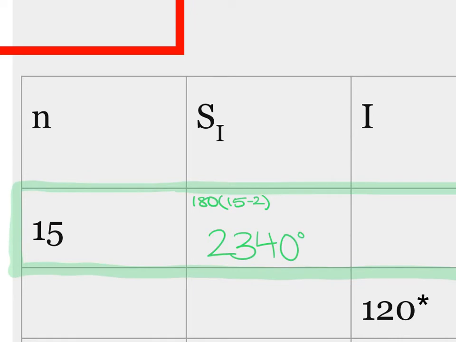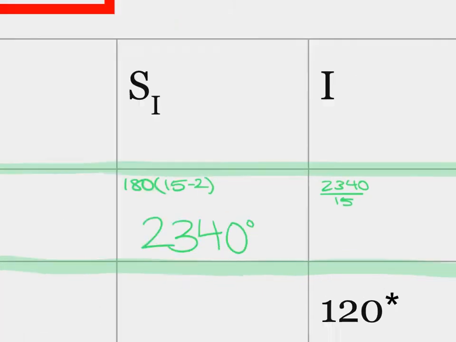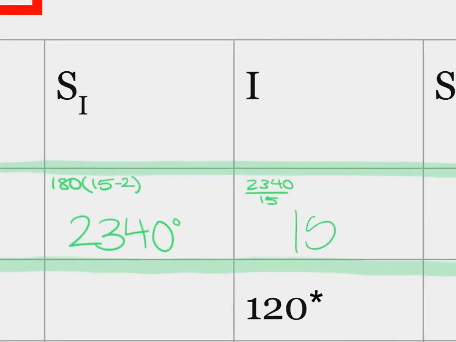Once I have the sum, it's really easy to take that 2340 and divide it by the number of angles I have, 15. So 2340 divided by 15, I get 156 degrees each.